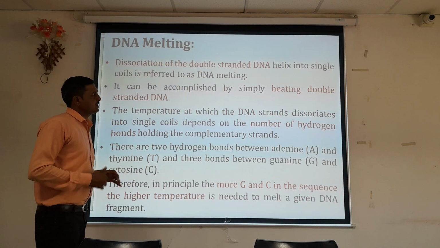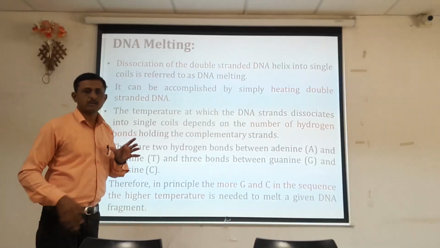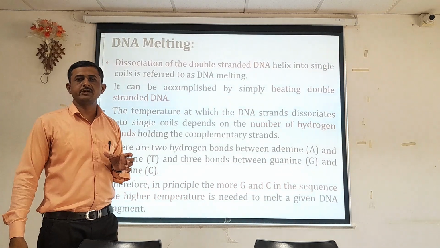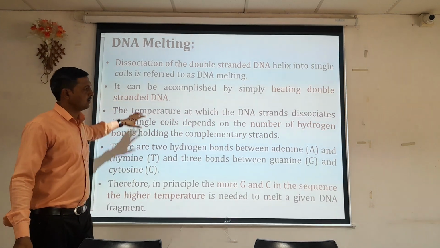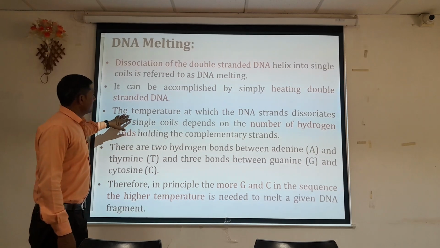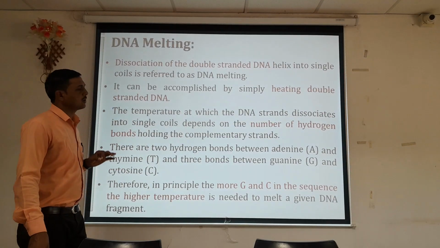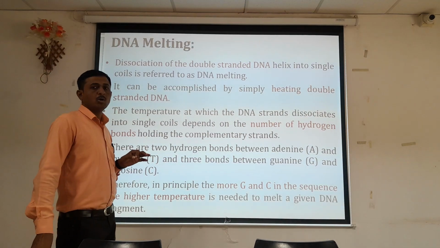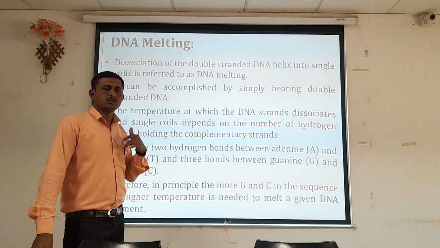It can be accomplished by simply heating double-stranded DNA. The temperature at which the DNA strands dissociate into single coils depends on the number of hydrogen bonds holding the complementary strands.